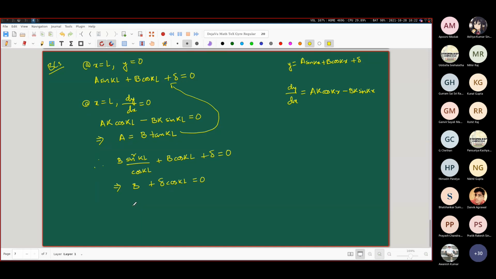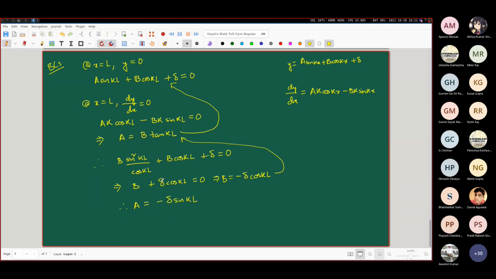Now let's write this. B is equal to minus delta cos kl, which means that if we substitute this here, we are going to obtain A is equal to minus delta sine kl, is it not?